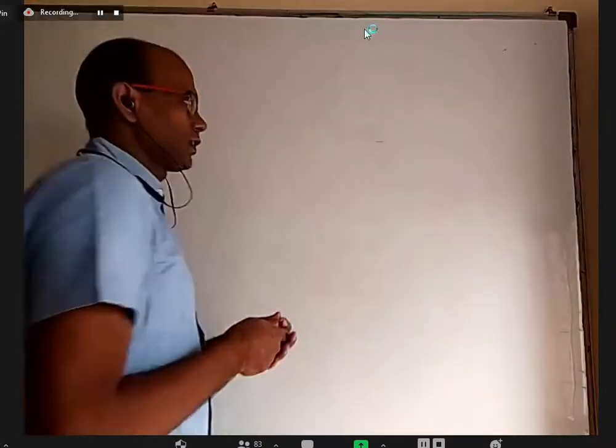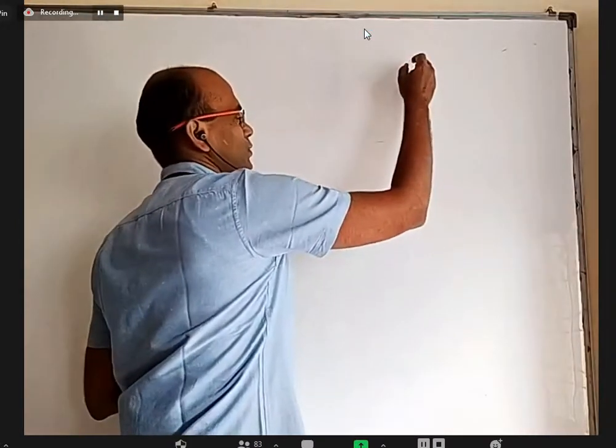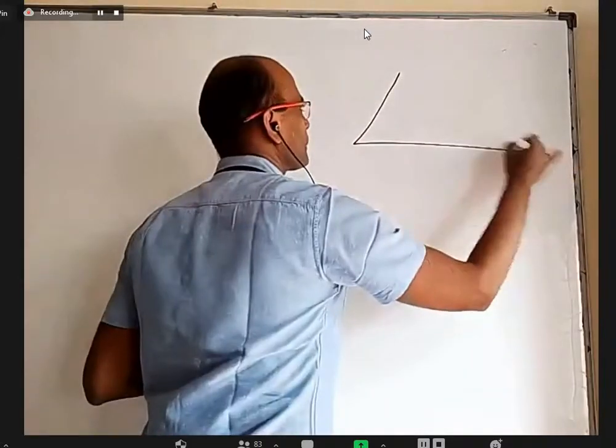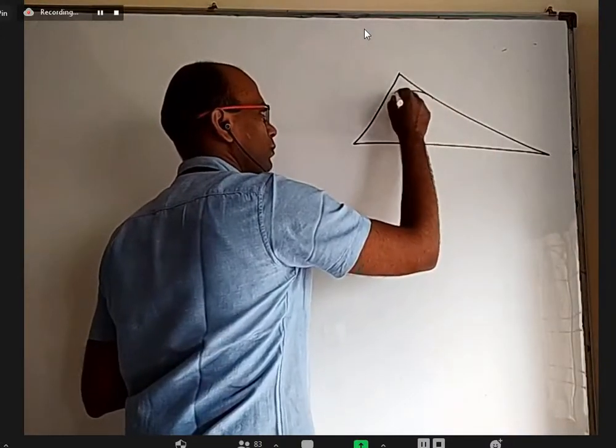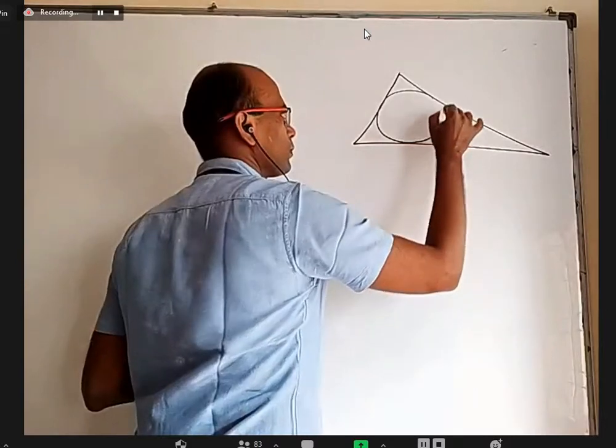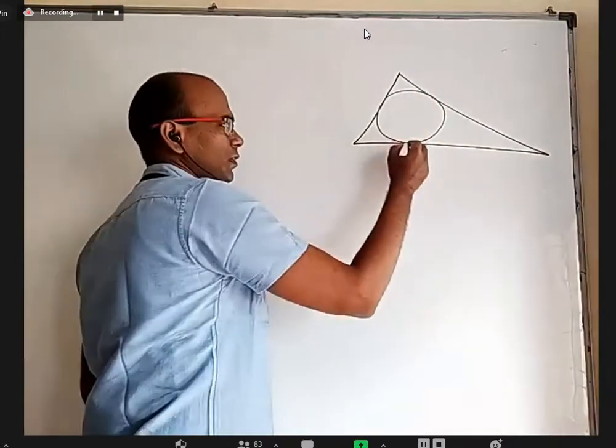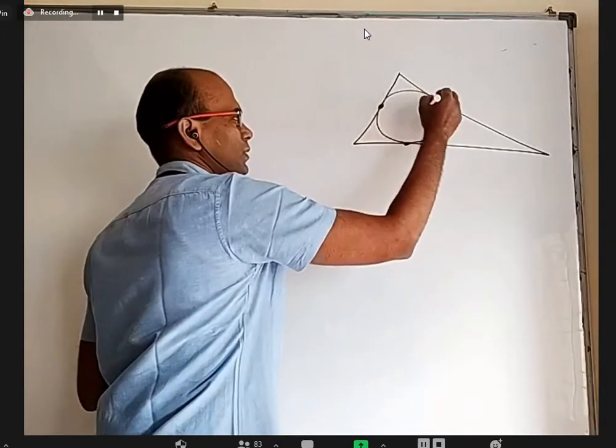Let me ask one question. Let us see if somebody is able to answer this. This is the incircle of a triangle. It is touching at these three places.